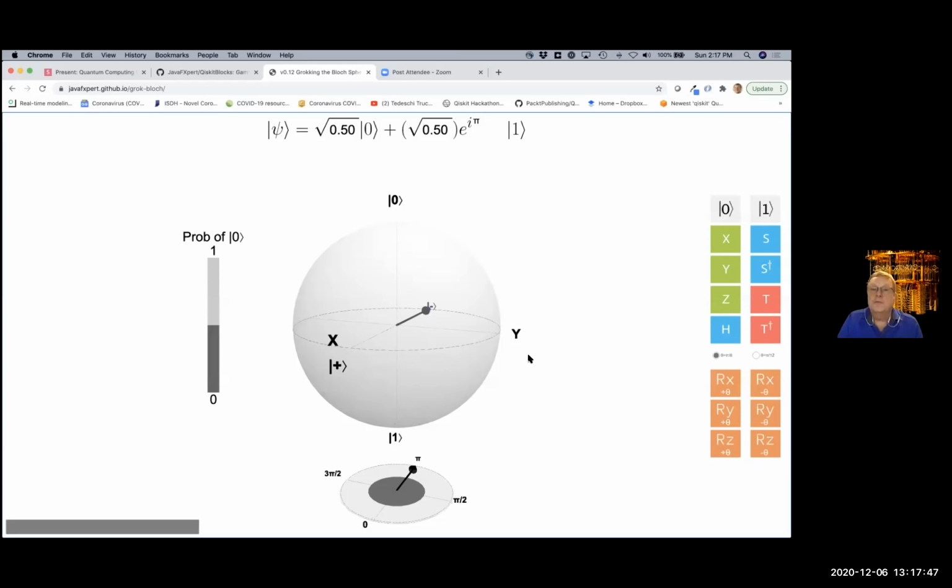And before I leave you, I'll just explain the geometric representation on the Bloch sphere of the H gate. So we saw that the X gate rotates pi radians around the x-axis, and the same thing with Y and Z, by the way.